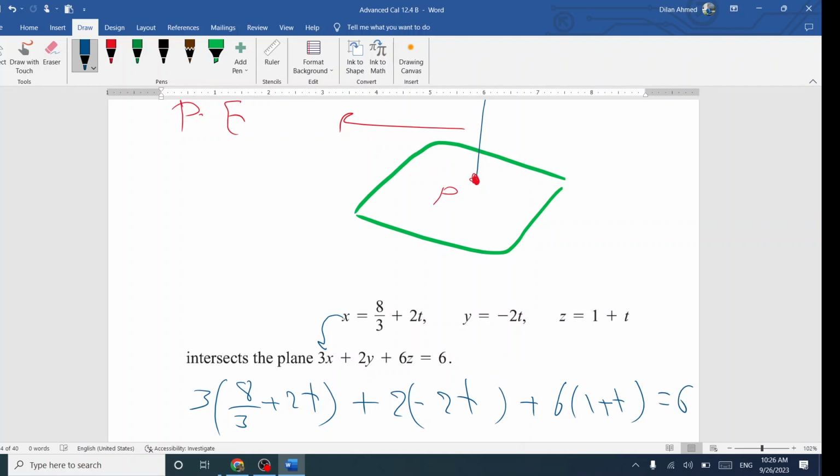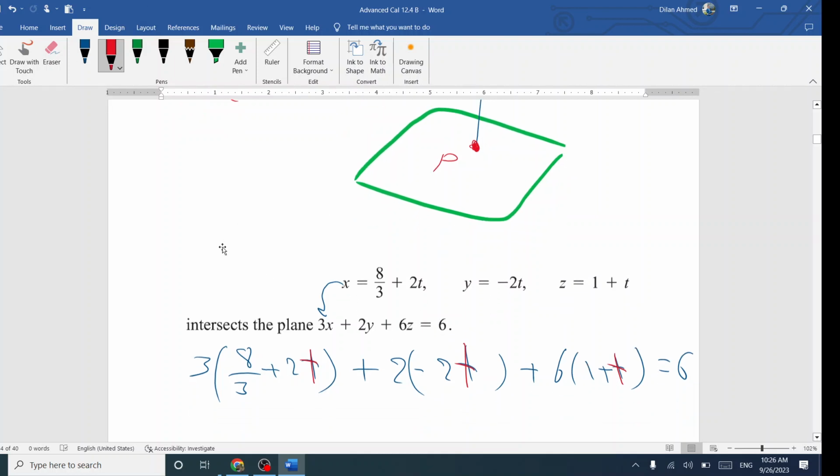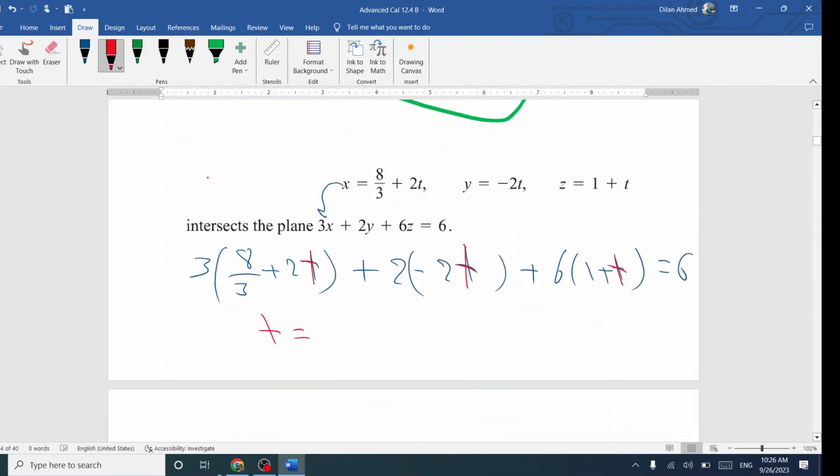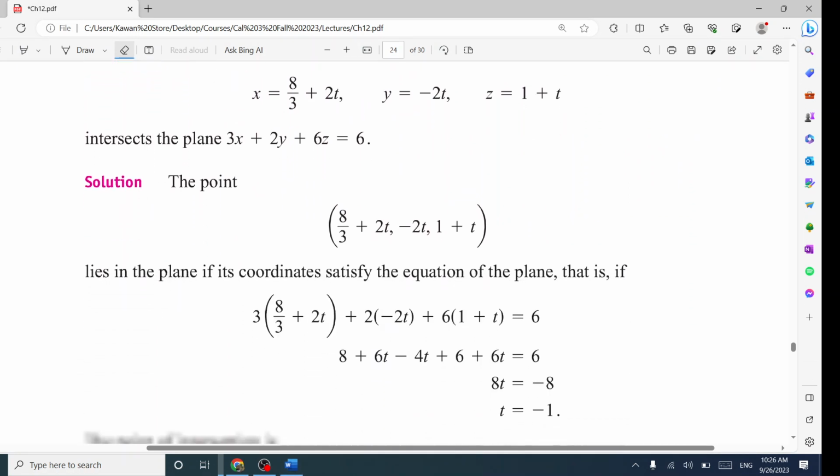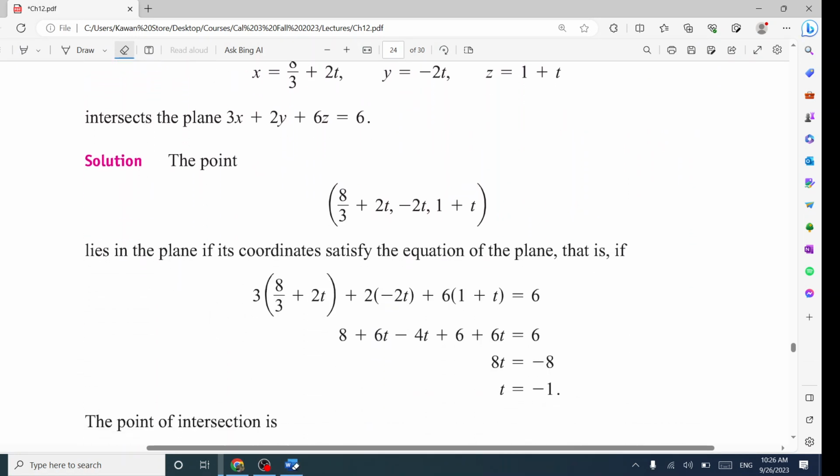Then I'll get the value of t. Can you imagine? One equation, one variable, so I'll get one value. When you solve, t is minus 1. Clear.